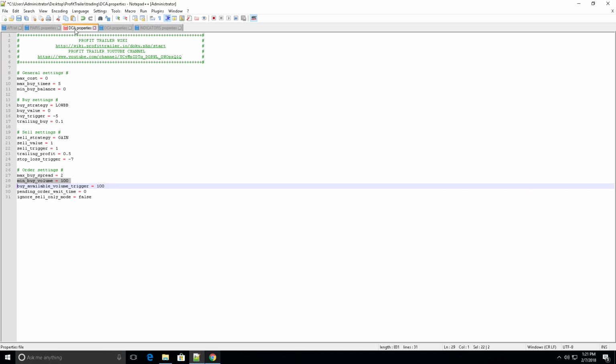So try to avoid those coins by using this setting. It's not a foolproof parameter to avoid those situations, but it does help. It really helps actually.